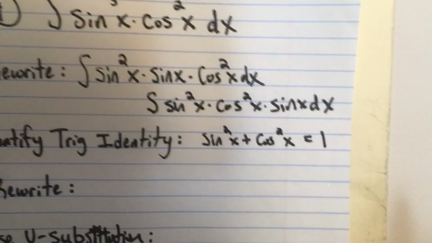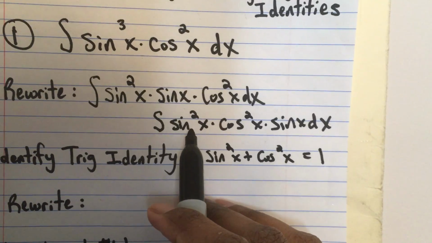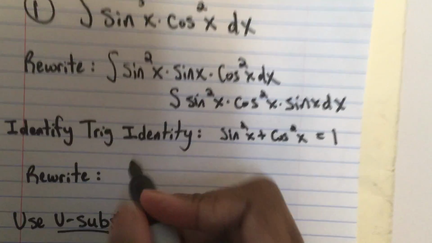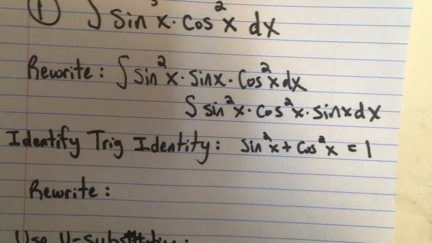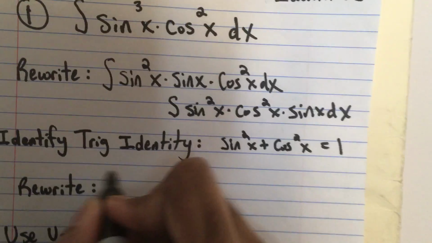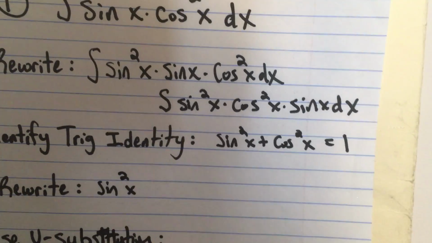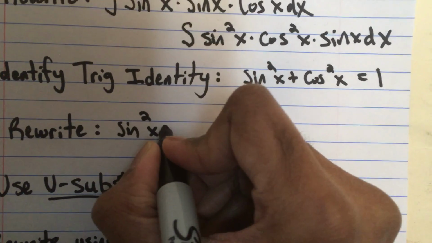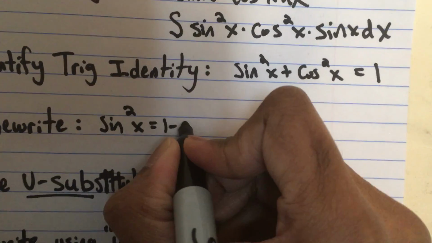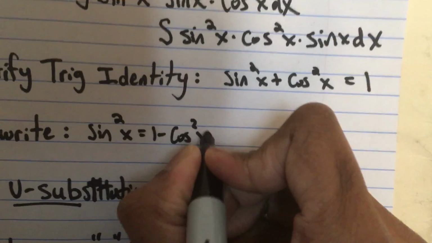I'm going to try rewriting the sine squared x. So sine x squared equals 1 minus cosine squared x.